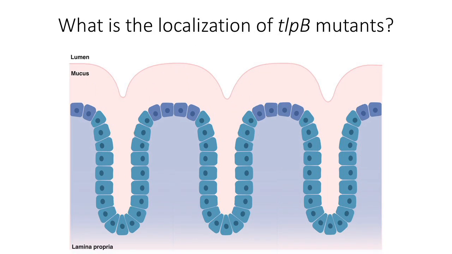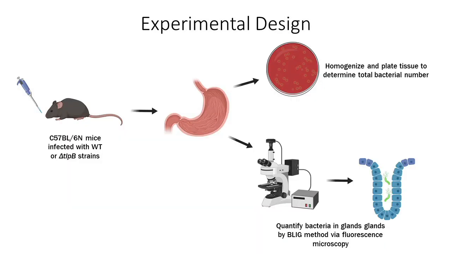So we wondered what the localization of the tlpB mutants was when we infected our mouse model with it. What we saw was that when we infected mice with tlpB mutants, they actually have a larger population of bacteria residing in the gastric glands compared to mice that are infected with wild type H. pylori.